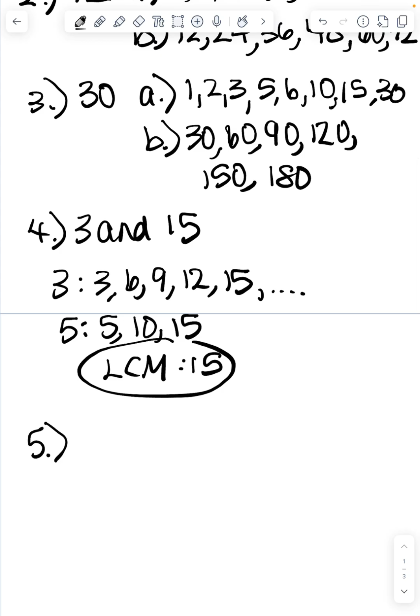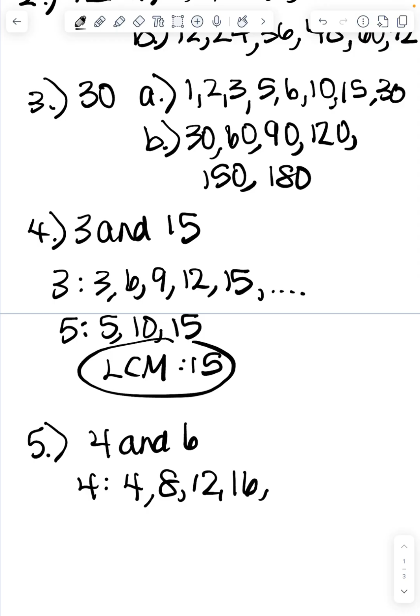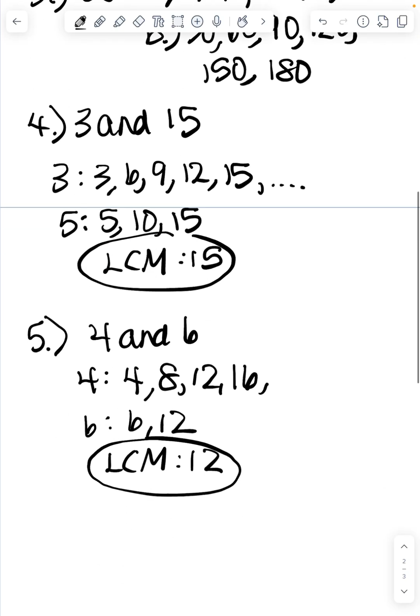Number 5, 4 and 6. Multiples of 4 are going to be 4, 8, 12, 16, and so on. Multiples of 6 are going to be 6, 12. Oh, I found it right there. LCM is 12.